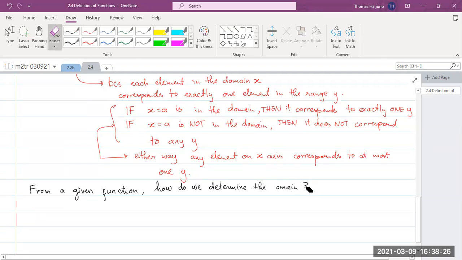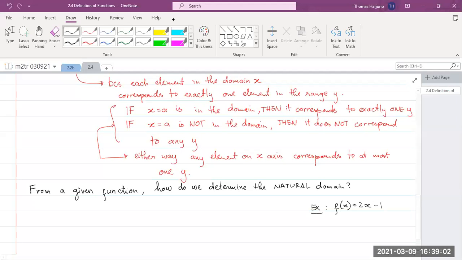Let me insert that word, natural domain. Okay. Let's say, for example, you see that f(x) equals 2x minus 1, right? Just a little example. How do we decide what's the domain, the natural domain?